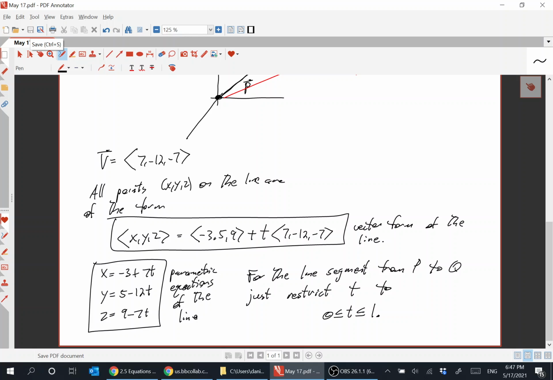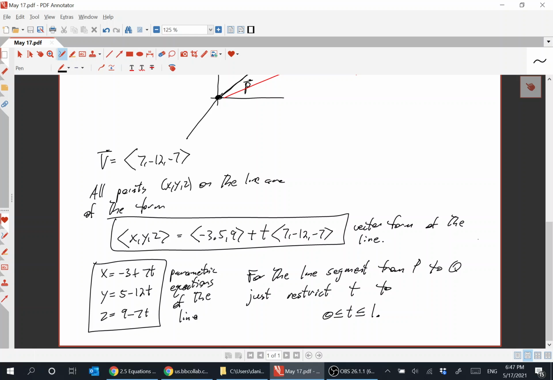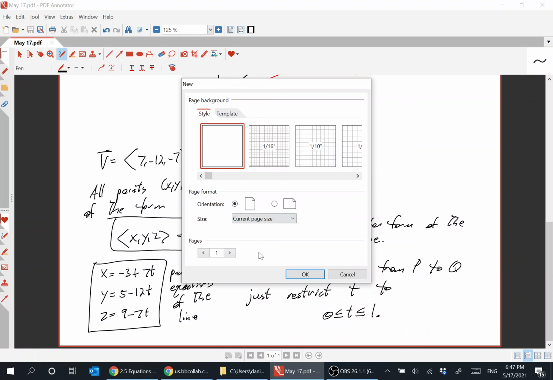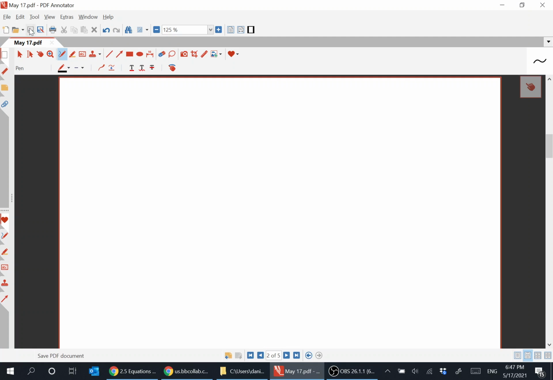For T equal to 0, you get P. For T equal to 1, you get Q. And for T's between 0 and 1, you get all the points in between. So that's how you deal with lines in 3 dimensions, with these parametric equations.